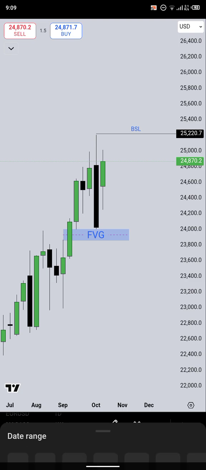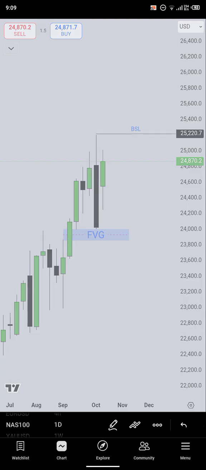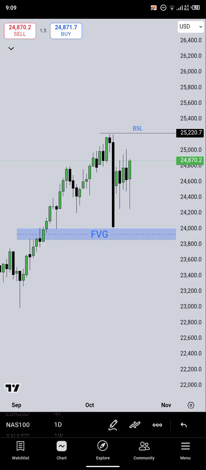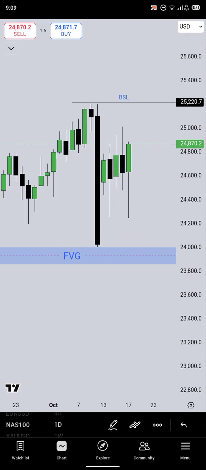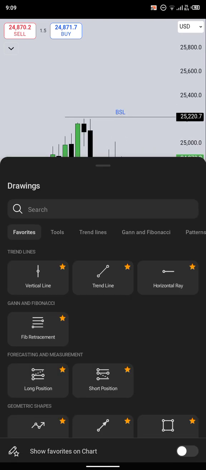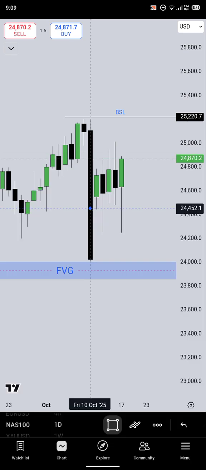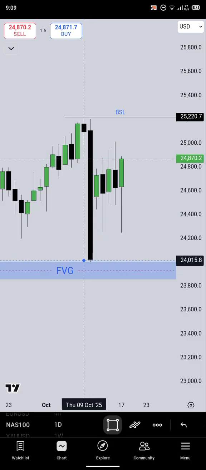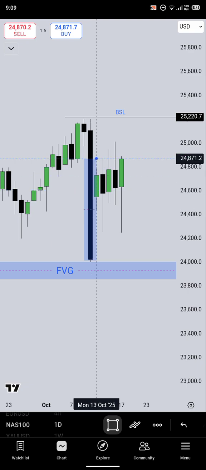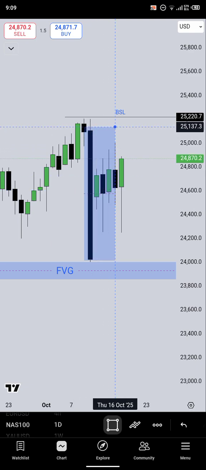Let me come to a daily time frame, and we can see that this was caused by this particular candle, which was during the news.